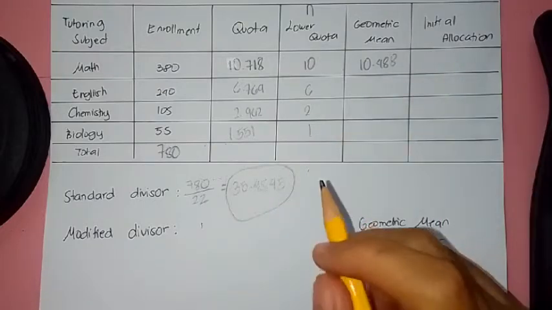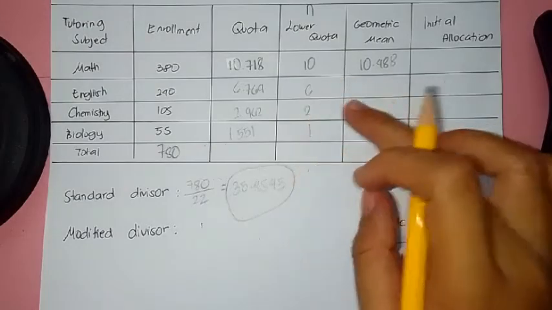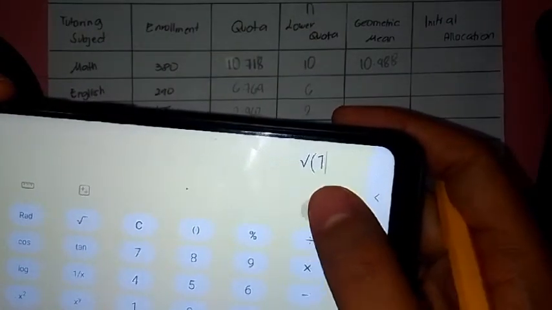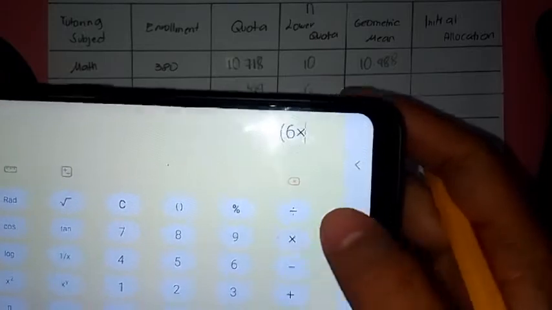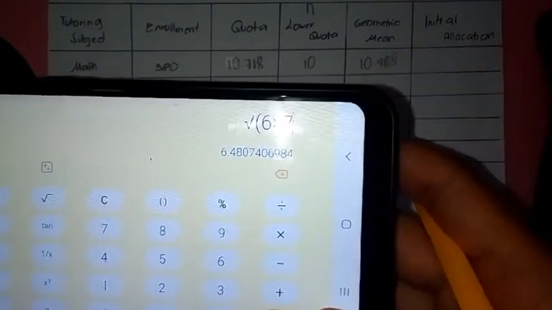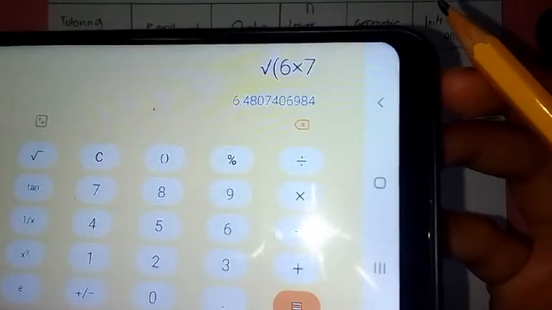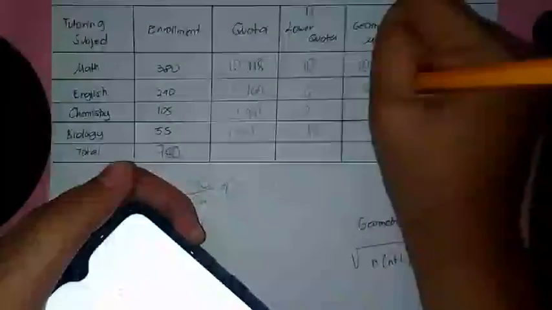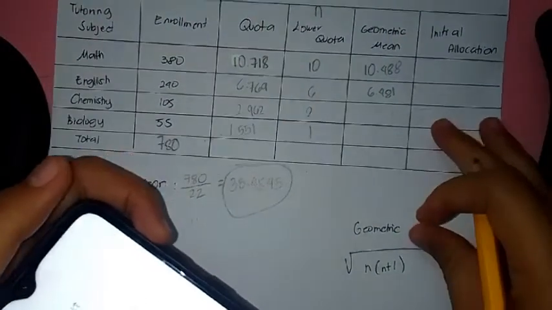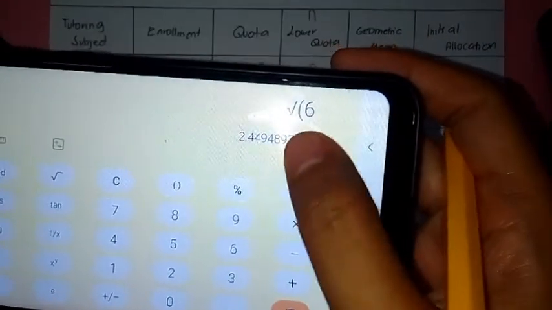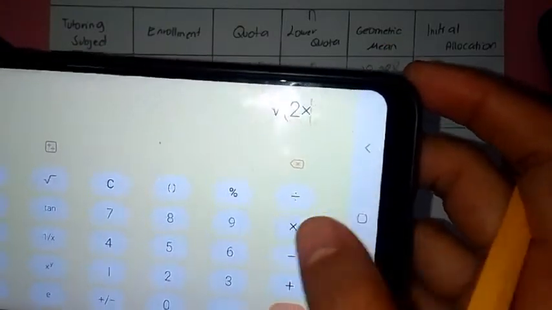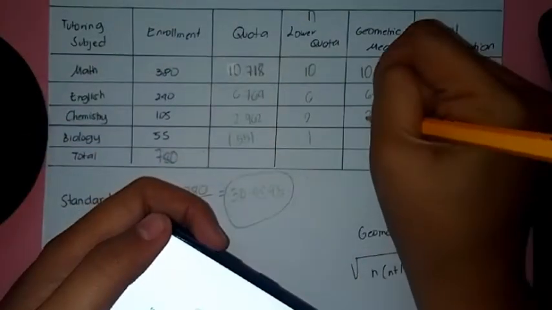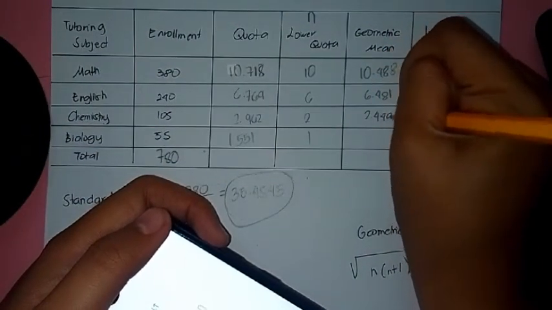Next, we do the same for the next. 6 is our letter N. Square root of 6 times 7, since 6 plus 1 equals 7. So, the answer is 6.481. Then square root of 2 times 3 equals 2.449.